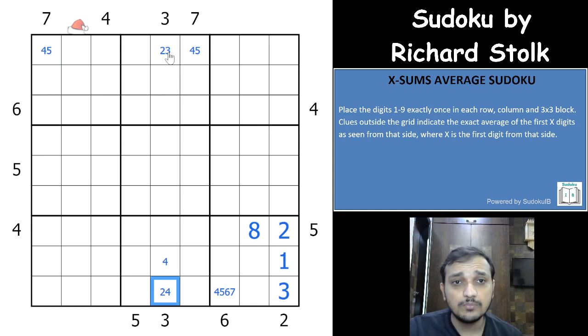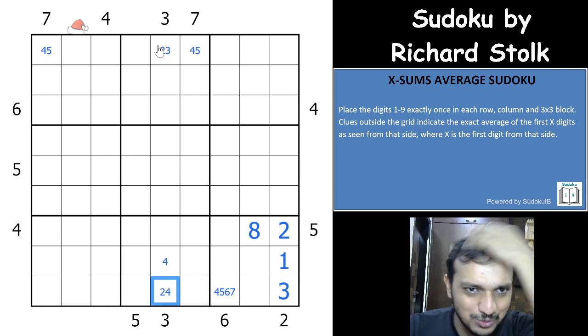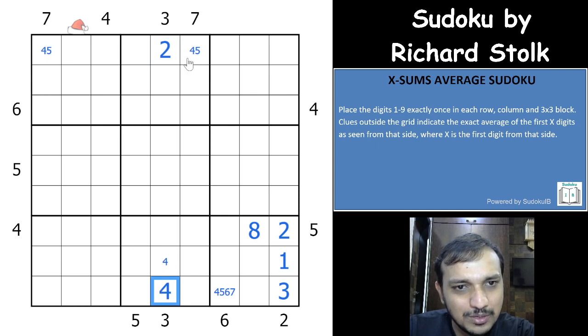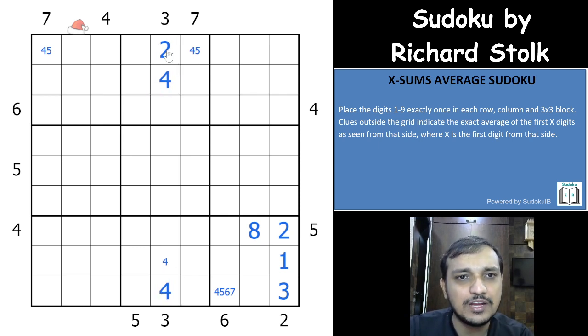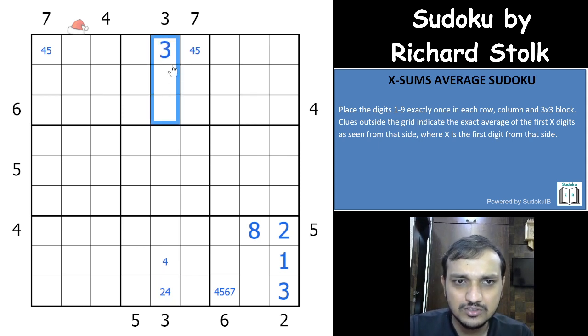Okay, awesome guys. What an amazing logic this is. So if you have a 2 here, this would be 4, but the second digit also would have to be 4 for an average of 3. That's awesome. So this cell would have to be a 3, which means sum of first 3 digits would have to be 9.